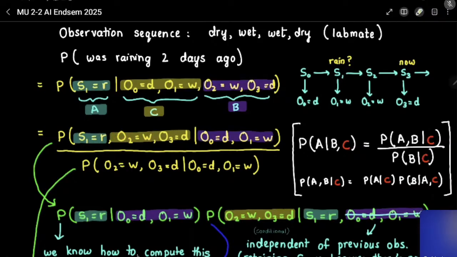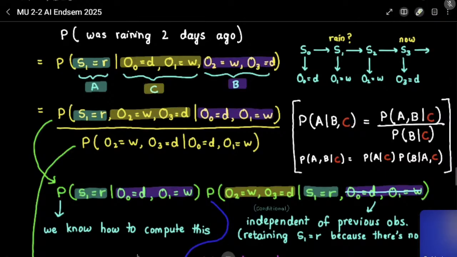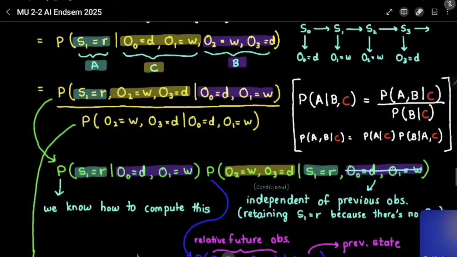So this is what we are planning to do. We'll see how it is going to help. So I can rewrite the numerator as this one. For the numerator, I'll be applying this second rule. Probability of a comma b given c is equal to probability of a given c. So I'm using this rule here. By this rule, I'll be able to write this one.